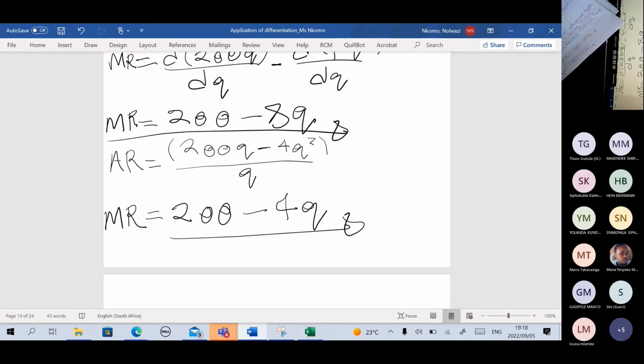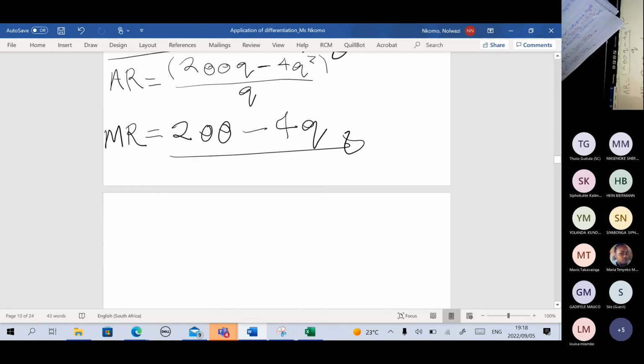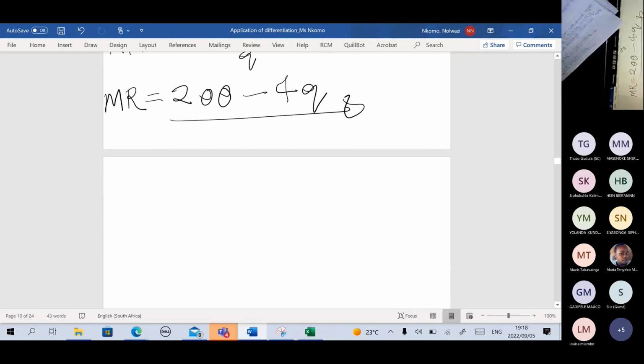We're only asked to find these two, and also the marginal cost and average cost.